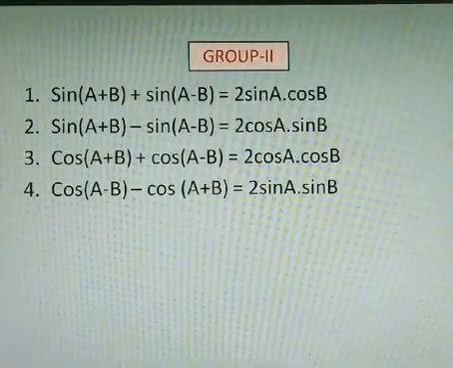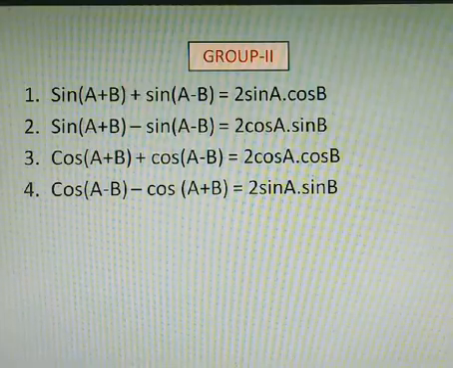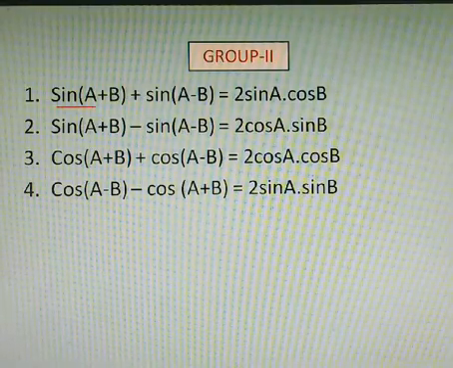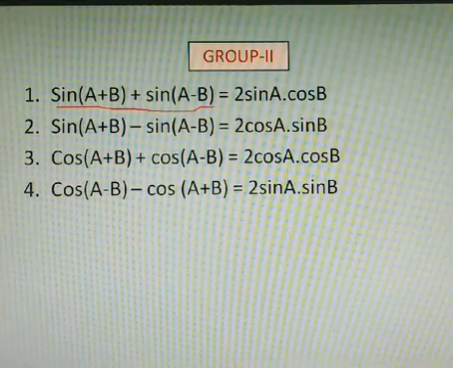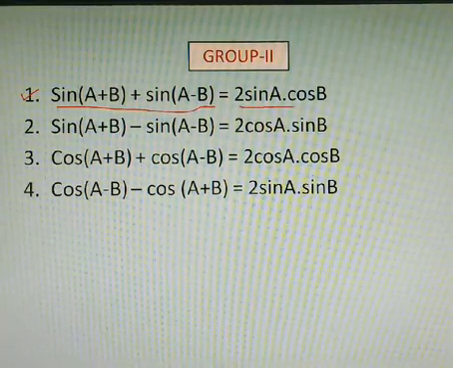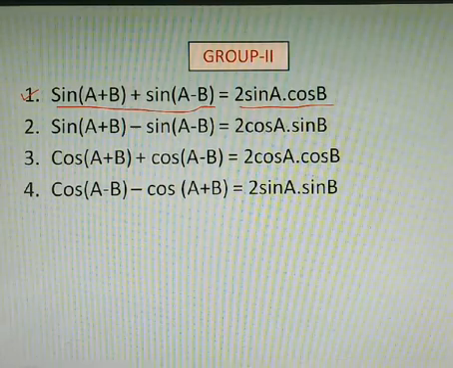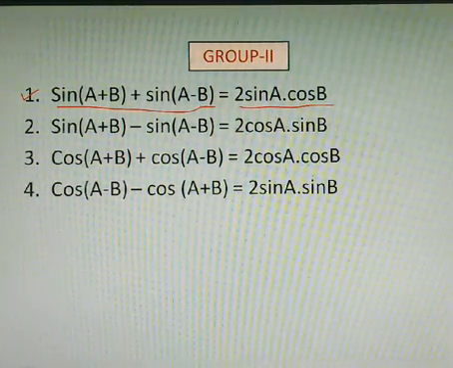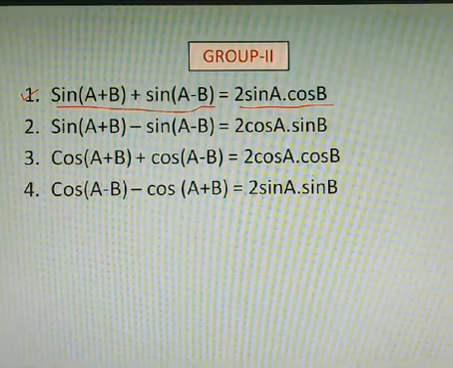So in the second group we have sin(A + B) plus sin(A - B). This is the first formula, and the right side should have 2 sin A cos B. Let me show you how this comes.